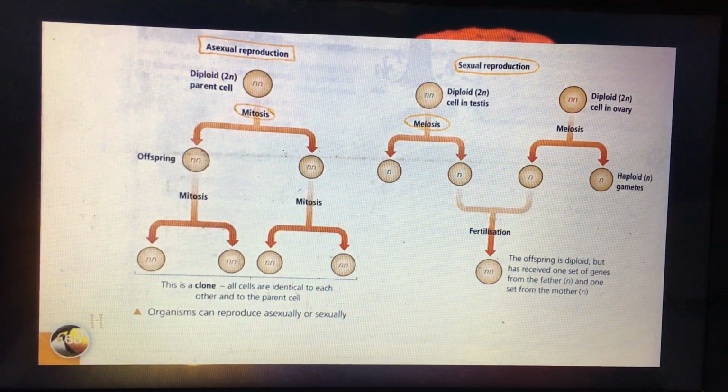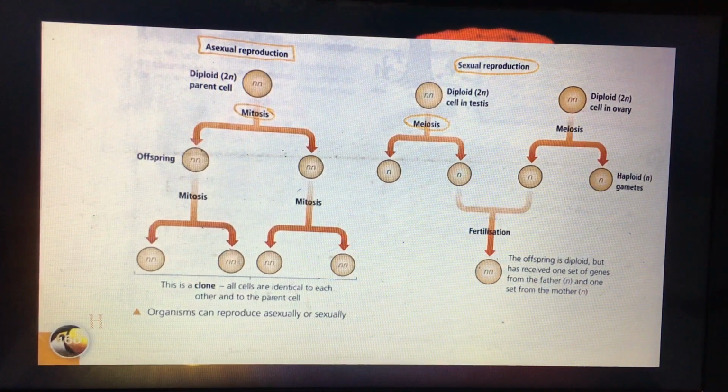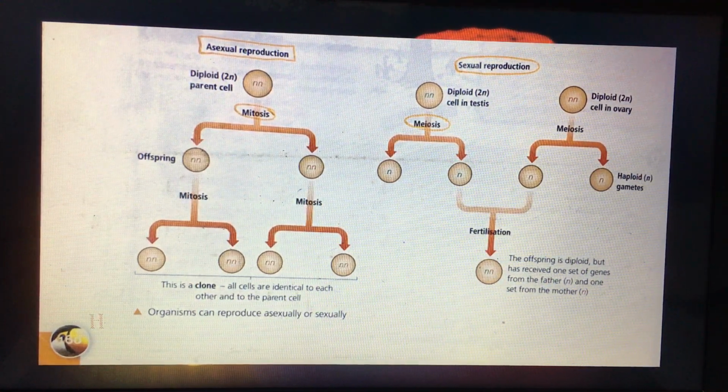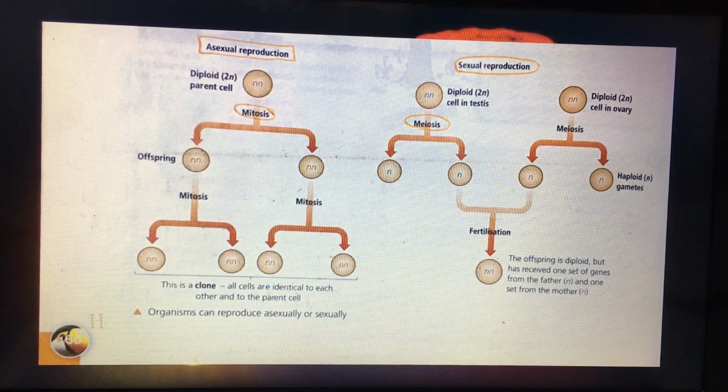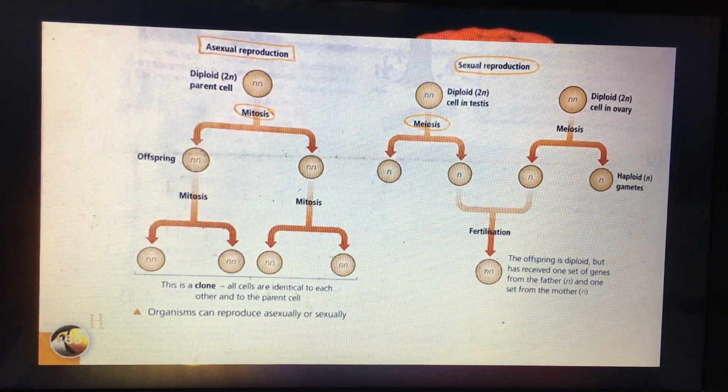And we said that mitosis and meiosis are very important and necessary to copy genetic material. In this lesson, we are going to understand how mitosis and meiosis are necessary to copy genetic material.